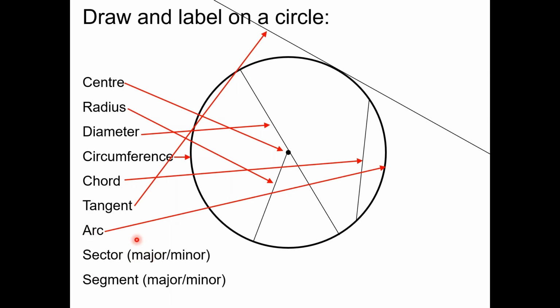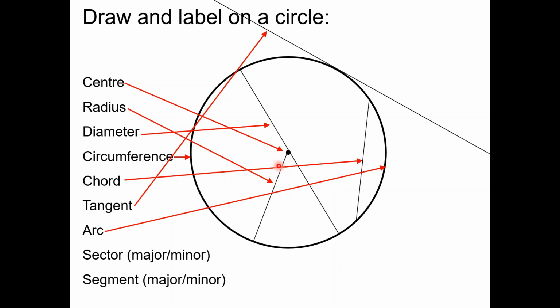The next thing we are going to talk about is a sector. A sector could be a major or a minor, just like a segment. Now, a sector is defined by two radii and an arc.